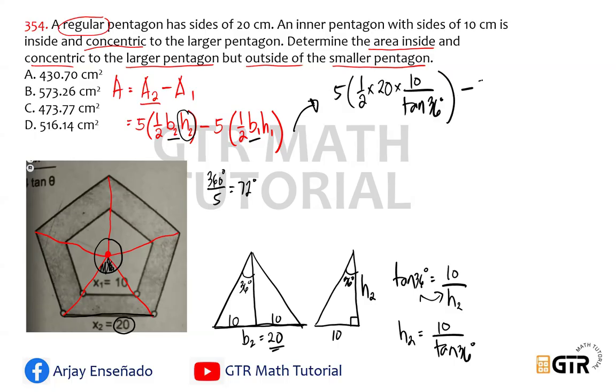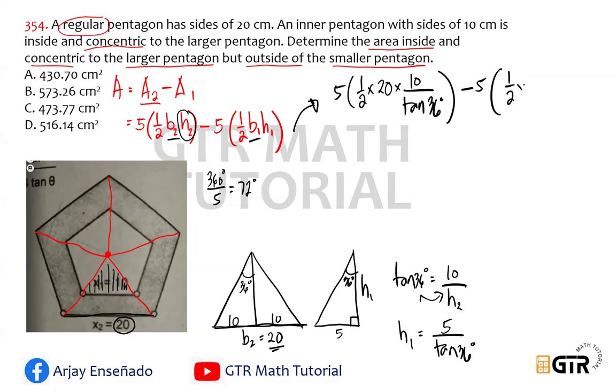And then we have minus 5 times 1 half times the base of this smaller triangle. The base will become 10, so we can divide this into 5 and another 5. So for H sub 1, we have the side 5. So the formula for H sub 1, just change this 10 into 5. We have a similar triangle, so same tangent 36 degrees.